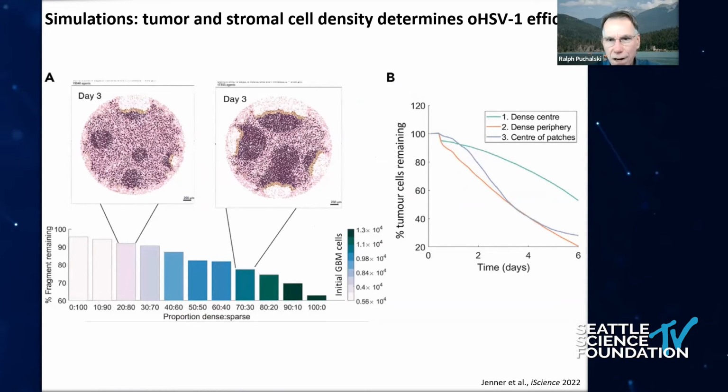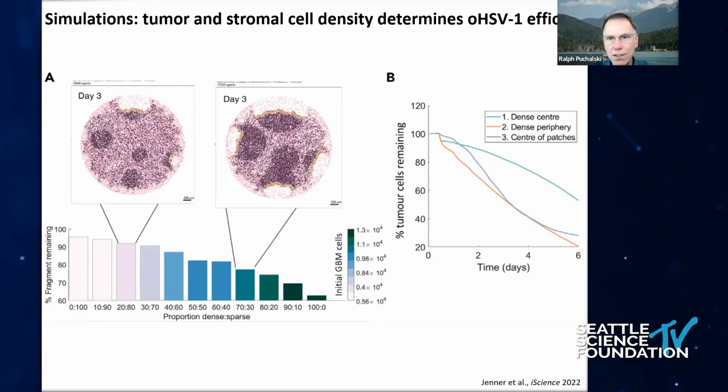And the color of the bar represents the initial number of glioblastoma cells in this tissue. So for example, 100 to 0 shows a much higher level of glioblastoma cells relative to, say, 10 90, where only 10% of the cells were actually tumor cells.